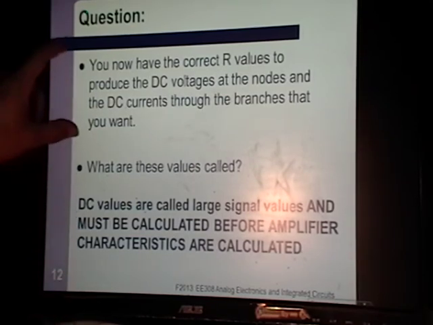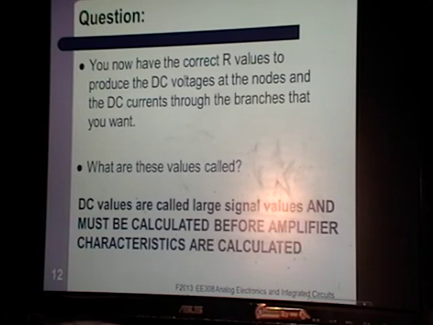Okay, so again, if you remember what you did with your amplifier, first you set your current through your amplifier, and then you put your moving signal on top of it. That's absolutely the way to build your circuit.